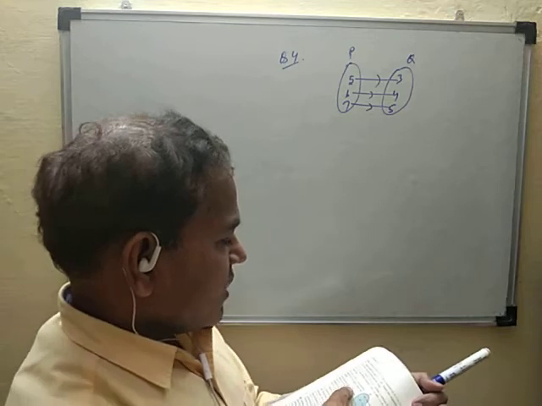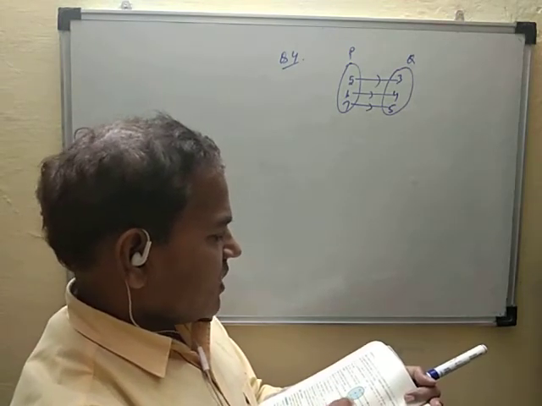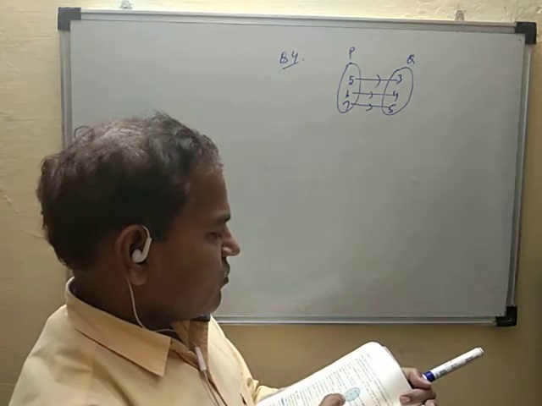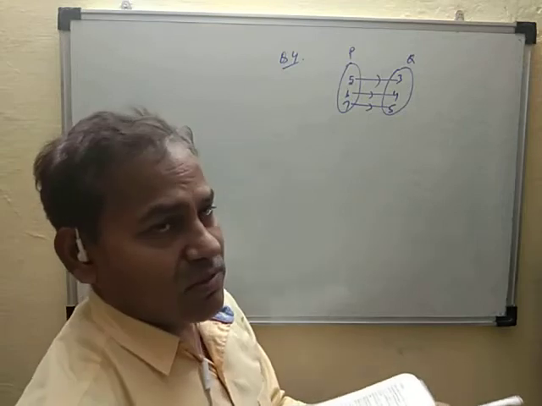Question 4: the figure 2.7 shows a relationship between the sets P and Q. Write this relation in set builder form.